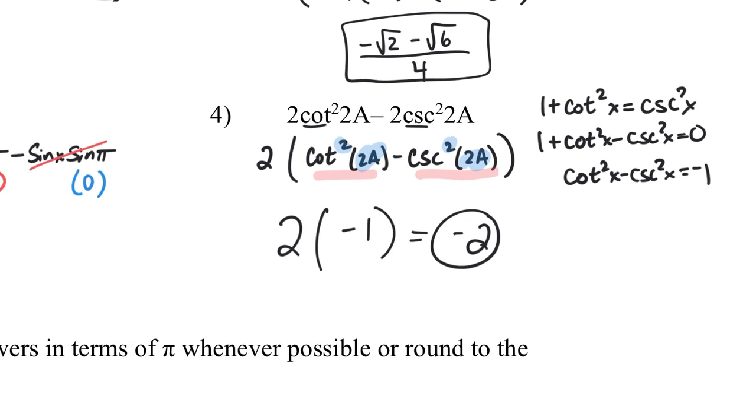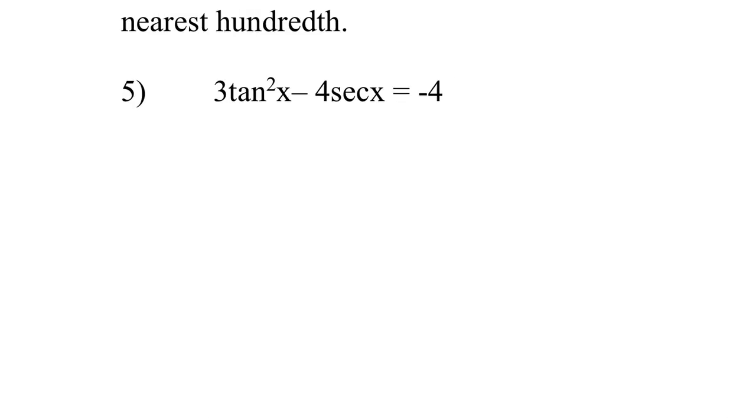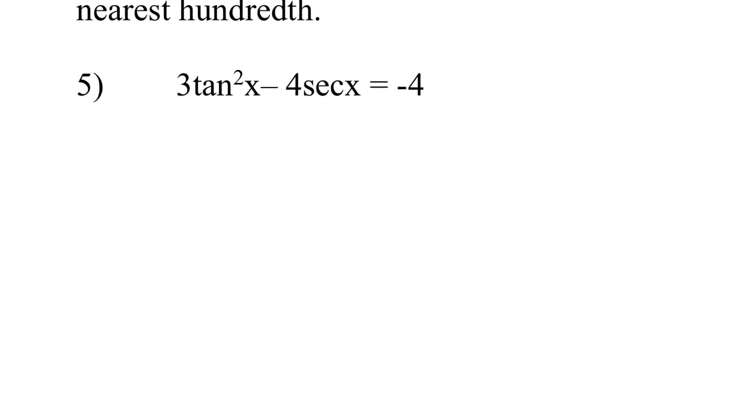I think we're going to look at just one more here. Number 5 is also something we can work through. So again, this is a familiar style problem. It looks, I would say, quadratic-ish. Right? We have that second degree, first degree setup. The problem we have right now is that our functions don't match.